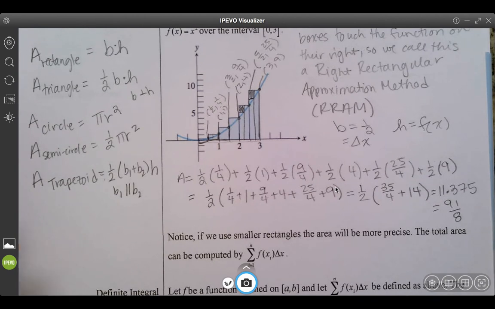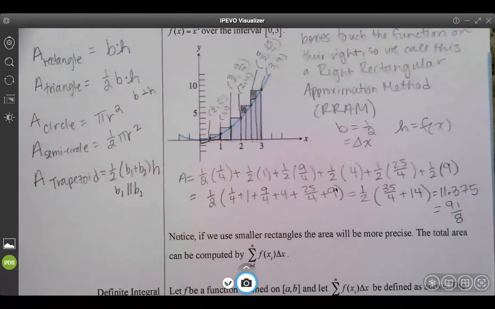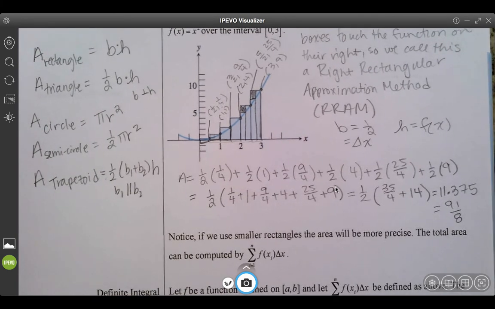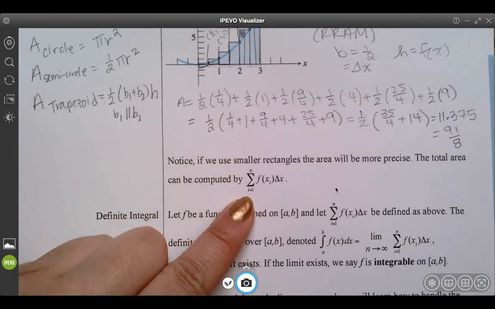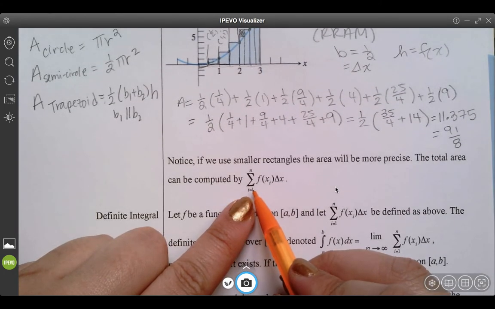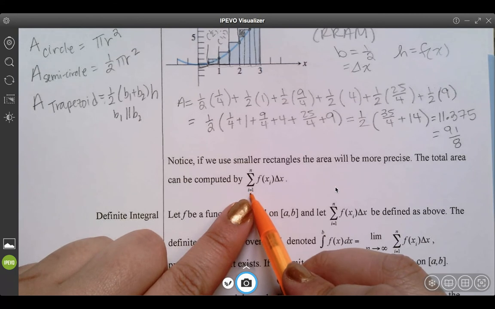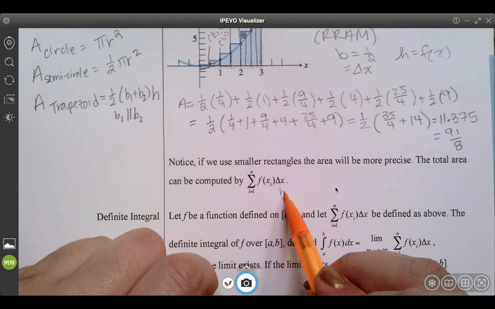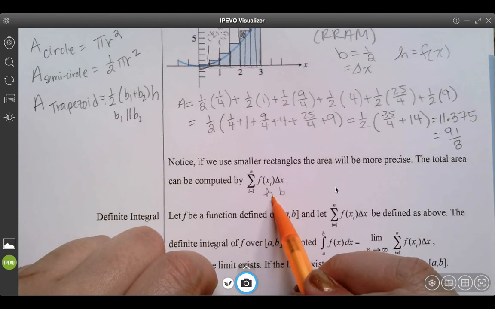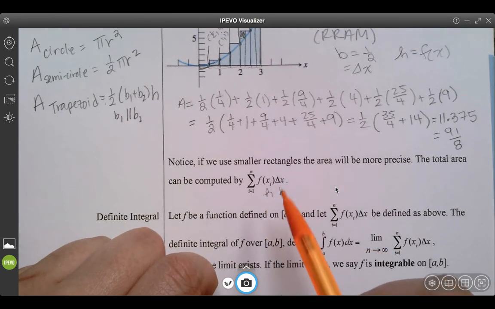Okay, and so when we're looking at these approximations, we can use the summation notation where we're adding up all of the rectangles, with our base as the change of x and our height as f of x for each of those rectangles.